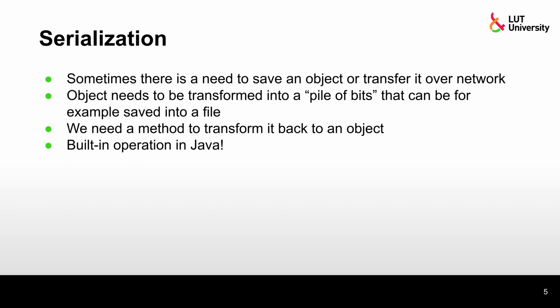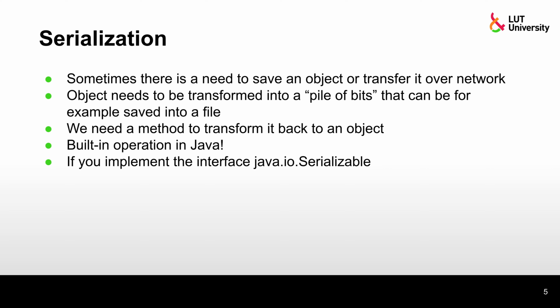And this is luckily a built-in operation in Java, so we don't need to invent it again. Developers of Java have already built this functionality for us. The only thing you need to do is implement the interface Serializable. After that, your objects can be saved to a file, or a pile of bits can be transferred back to, for example, a rocket.